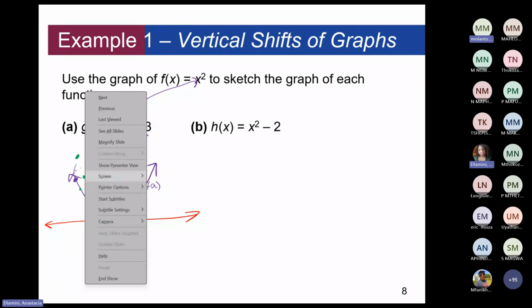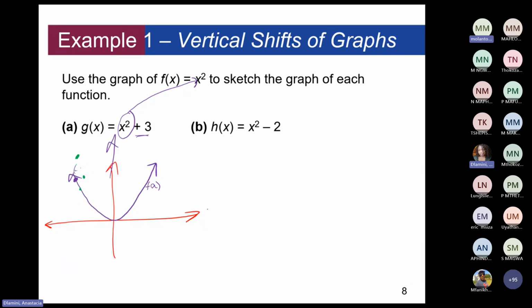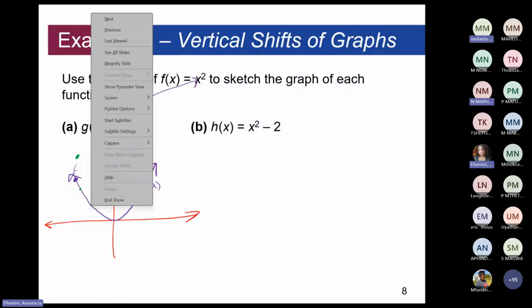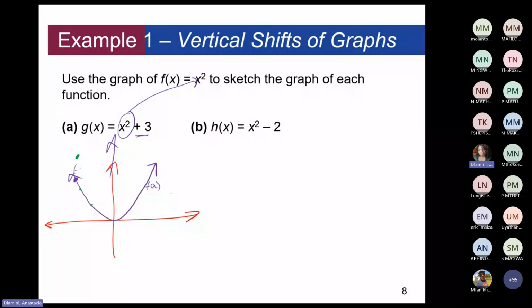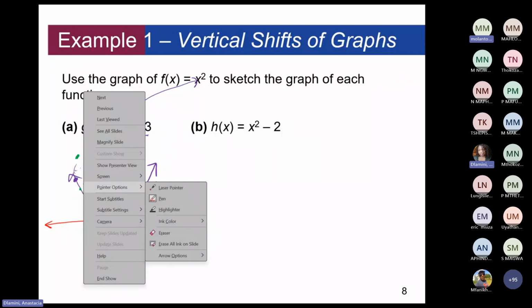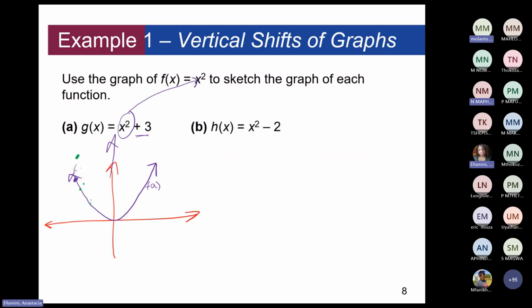We're just showing an approximation. You can use points if you want to show. This one will be 3 units up. So this point will be here, 3 units up. This point will be here. This point will be here, 3 units up. So all these points move 3 units up like that. So the new graph will be like this, which is the graph of g of x.